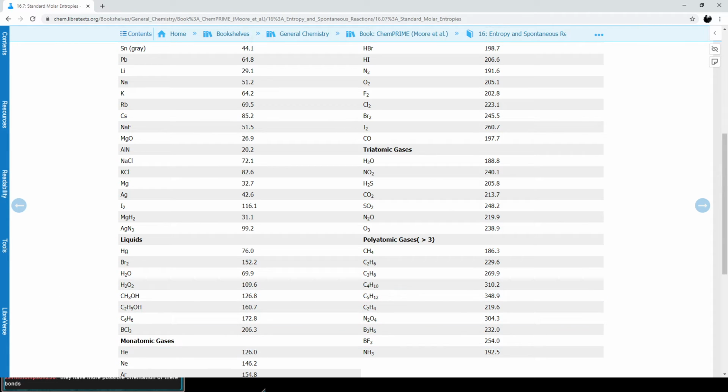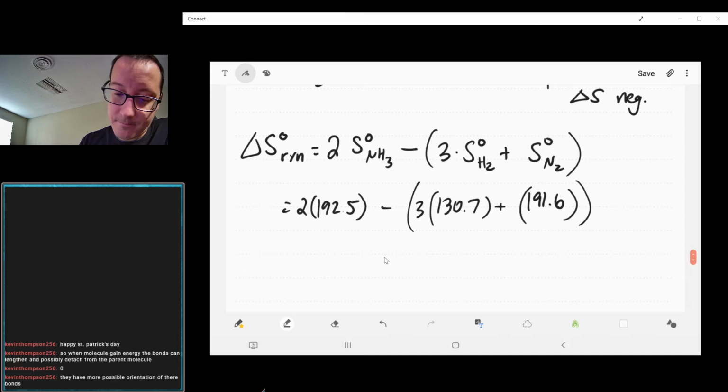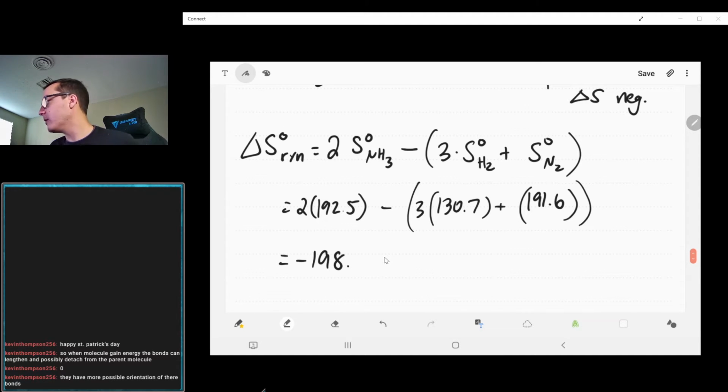And so let's see if Kevin can calculate this for us. Thankfully, I have the value here. Joules per Kelvin. Hooray!